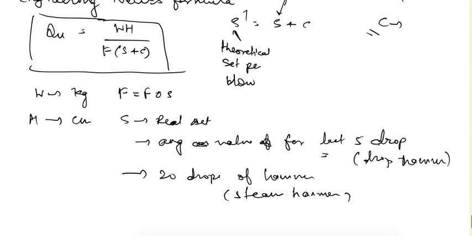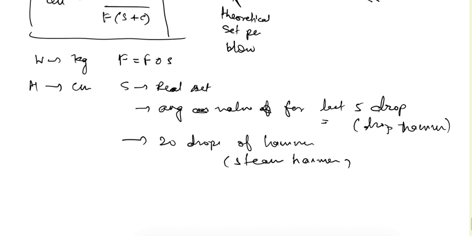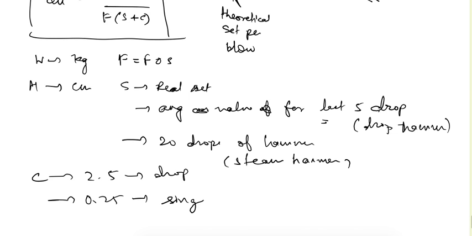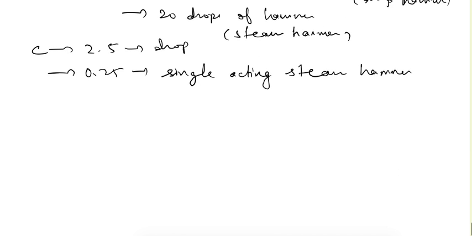So that is about the S, and the value of C is taken as 2.5 for drop hammer, and it is equal to 0.25 for single acting steam hammer. And that is this formula.